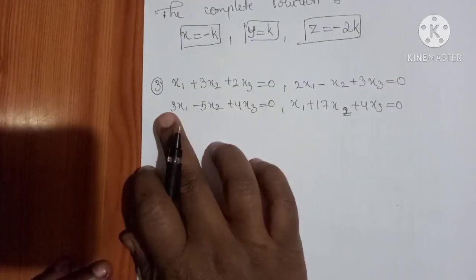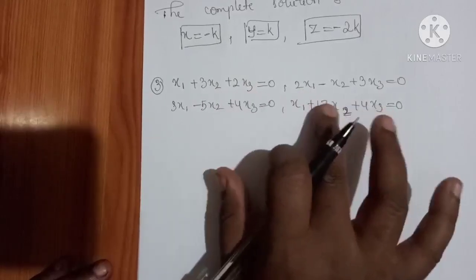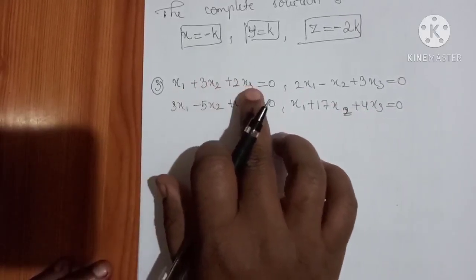Next question. It has 4 equations and 3 unknowns.